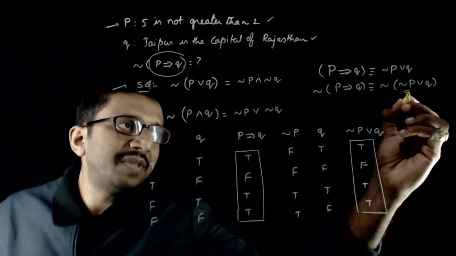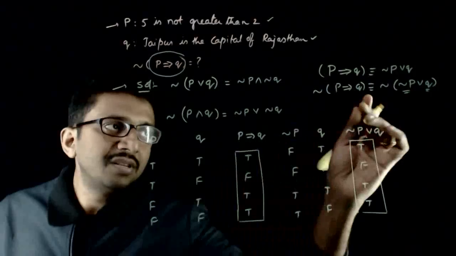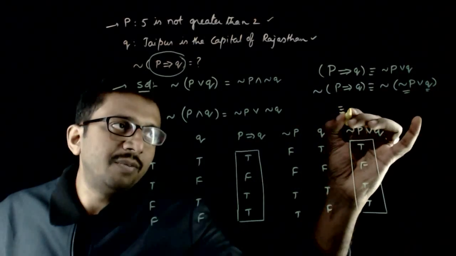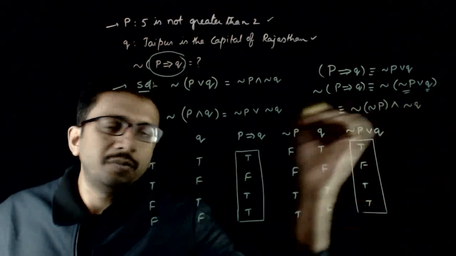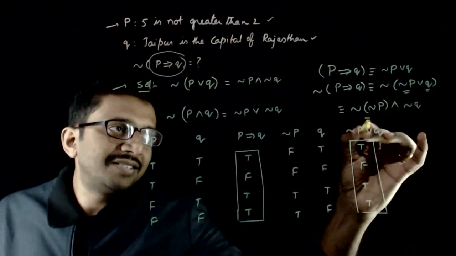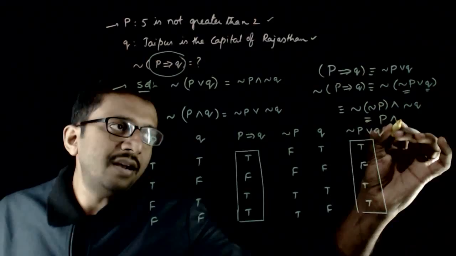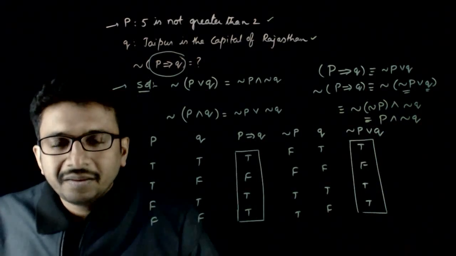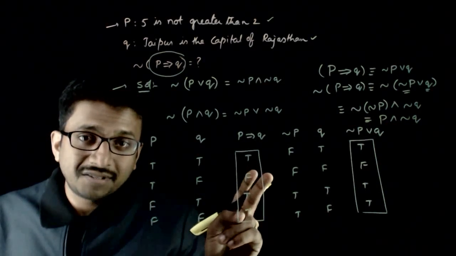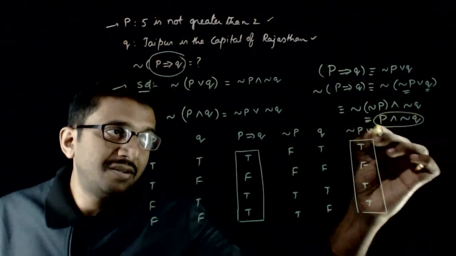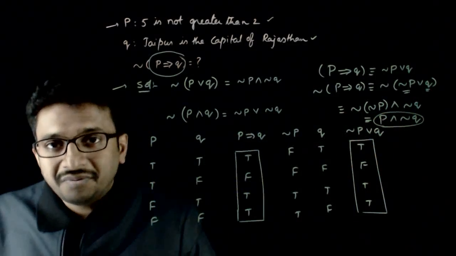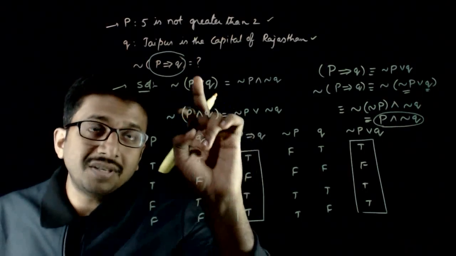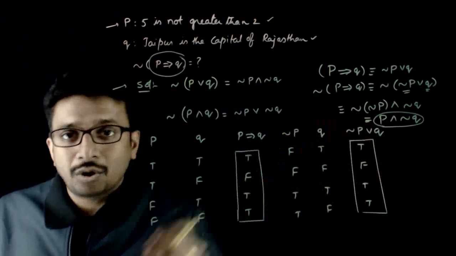This looks like something or something, and the negation of this will be equivalent to not of not P and not Q. That is, not of not P is P, and not Q. In the exam you are not going to derive this, you have to remember this. So the negation of P implies Q is nothing but P and not Q.